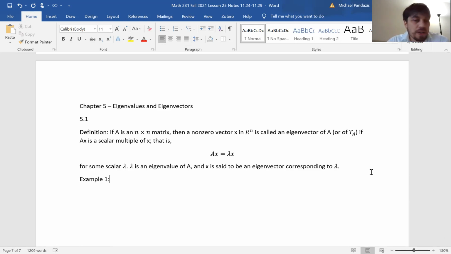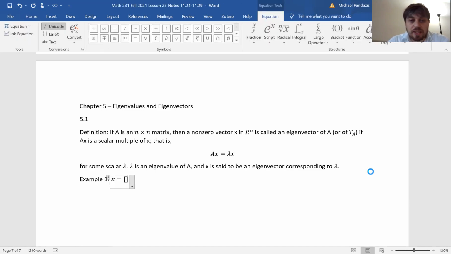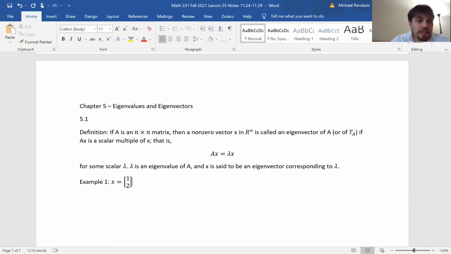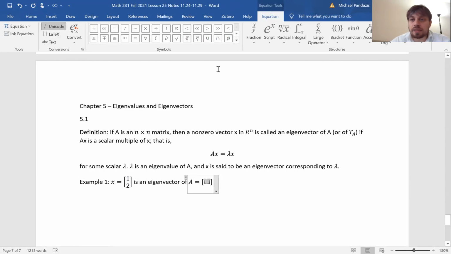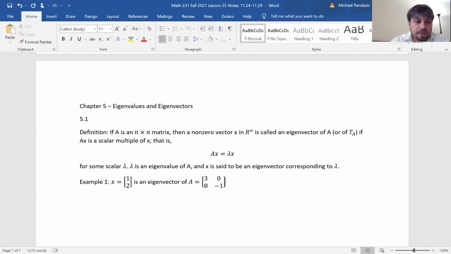So example 1. Say you have a vector X equal to the 2 by 1 vector 1, 2, and say X is an eigenvector of matrix A, which is the 2 by 2 matrix 3, 0, 8, -1.